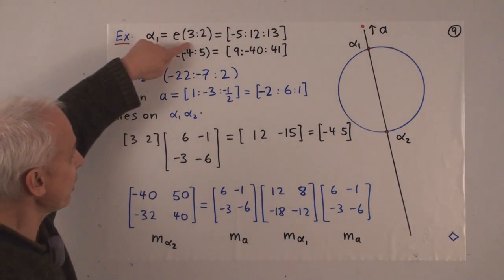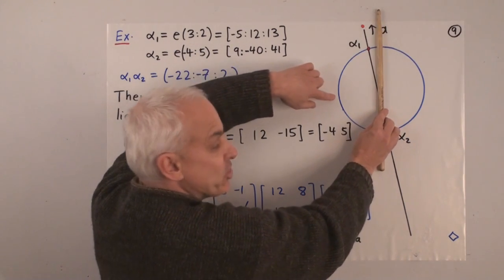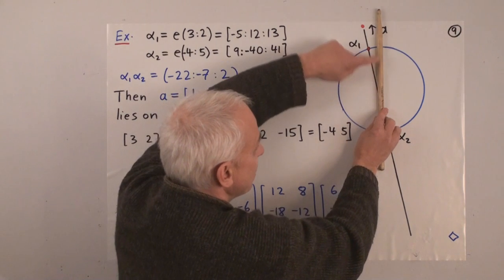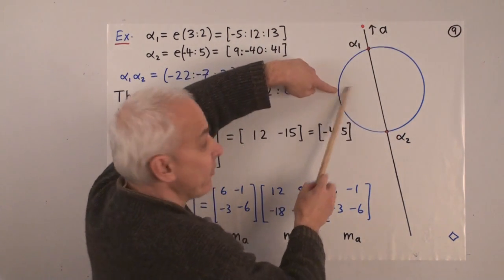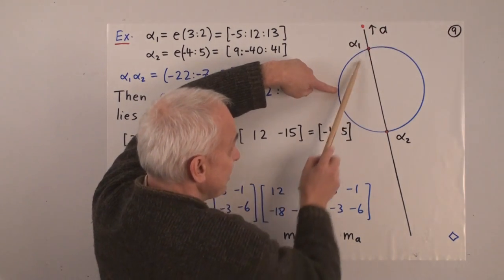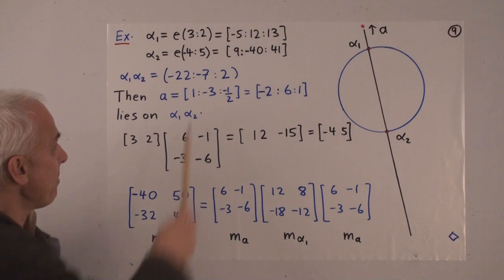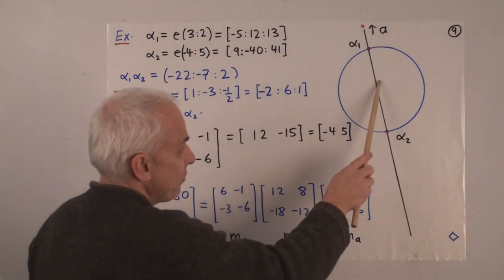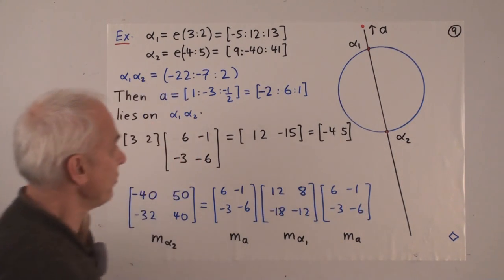We can get that by looking at the proportion 3 to 2, and that's the same as the fraction 1.5. So in the y coordinates, that'd be 1.5 about there. Join it to the point minus 1, 0. Where it meets the circle, that's alpha 1. Minus 4 to 5, that's the minus 4 fifths down there. Join it, get alpha 2.